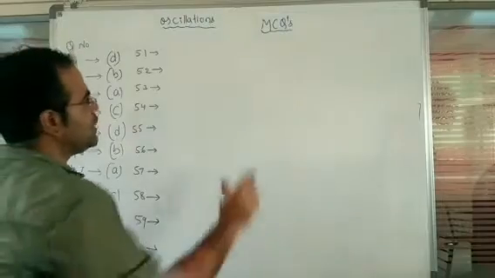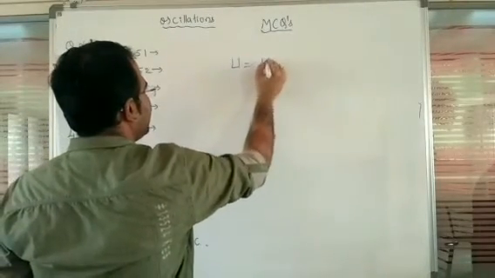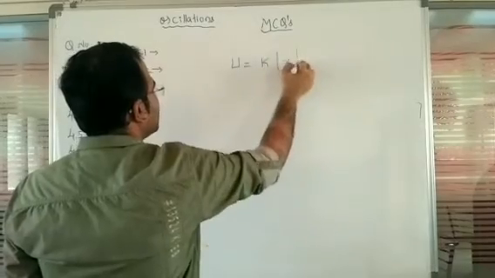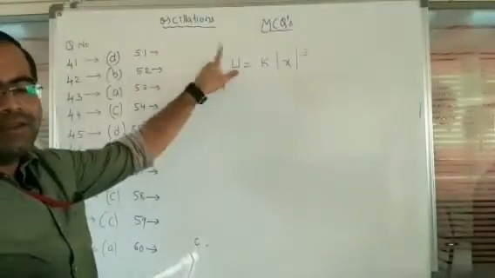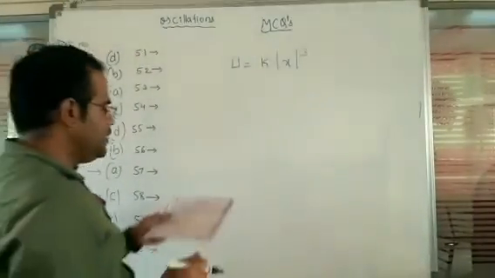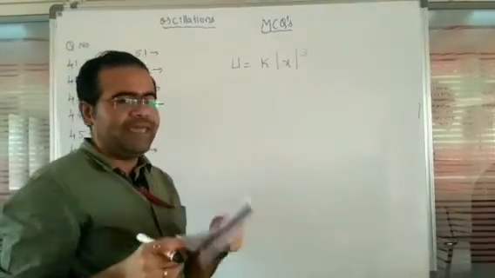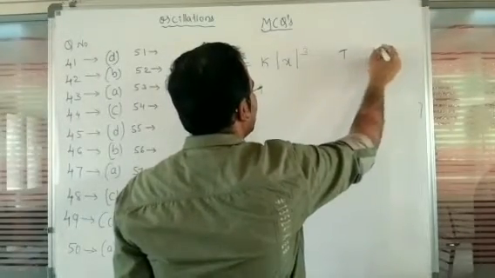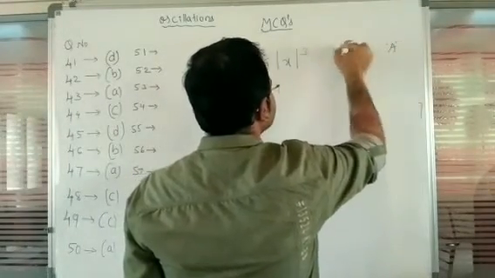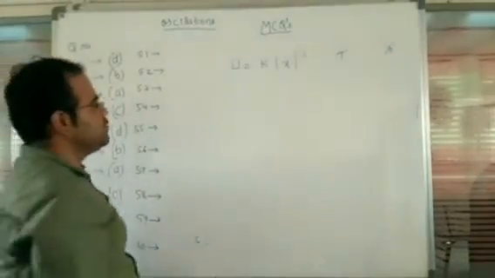When we have the potential energy, now we have to identify, if the amplitude of the oscillation is a, how the time period is related to the amplitude of the simple harmonic motion.